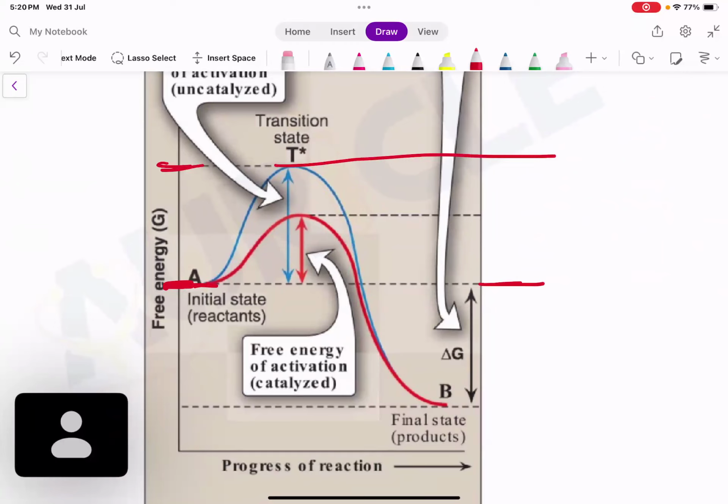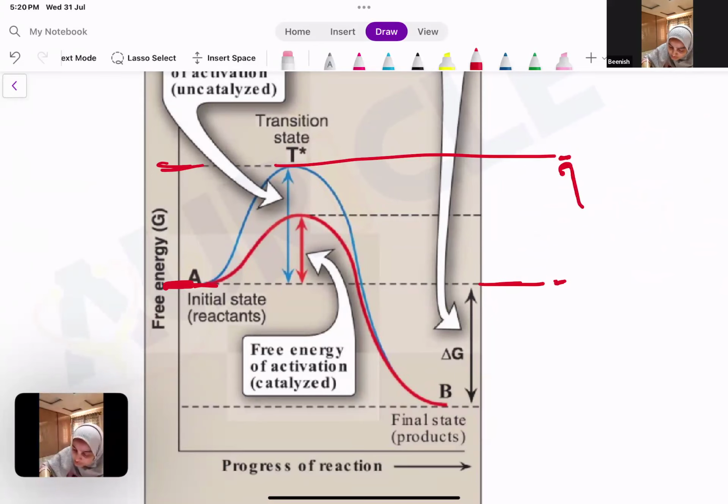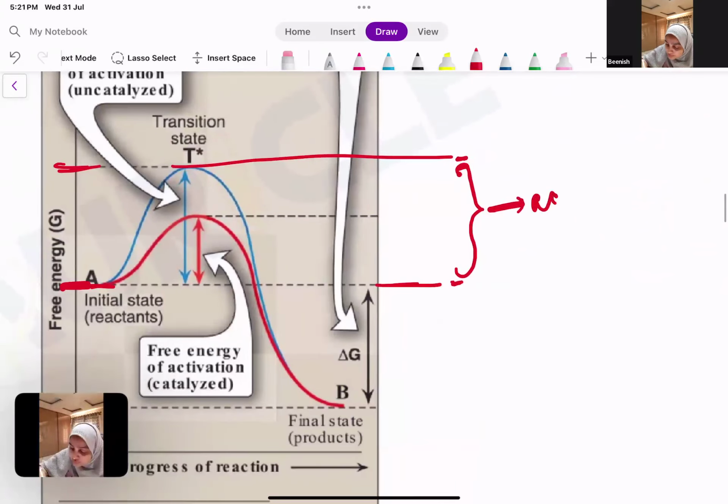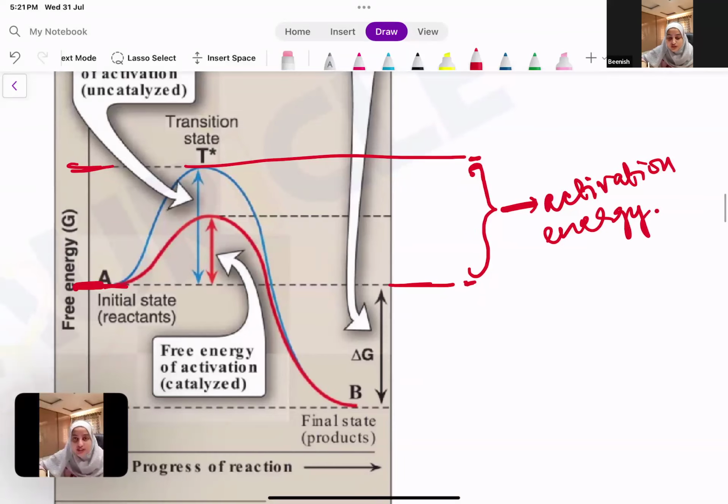Okay, now for the reactants, from here to reach this transition state, this energy is known as the activation energy. So what is the activation energy? It is the amount of energy that is required for a reacting substance to reach the transition state.